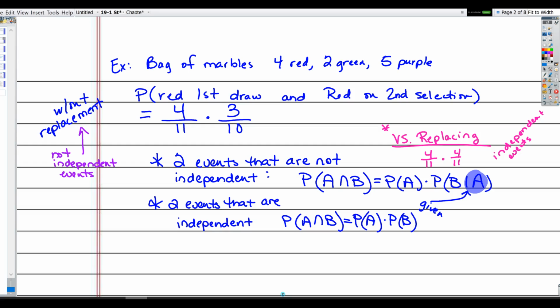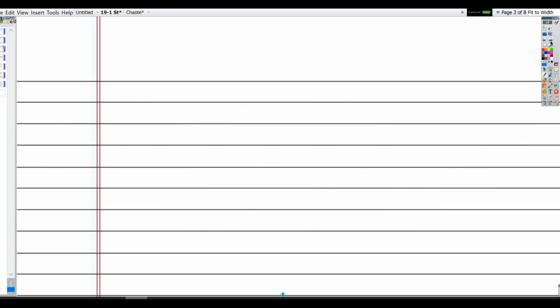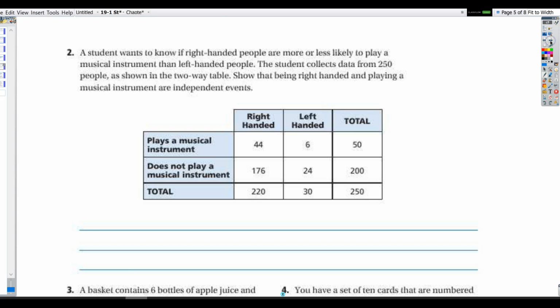I'm going to give you in just a second a table. Let me just show you what this looks like. Just so you'll know, what if we have a situation like this, where we're trying to see if there is some sort of relationship between being right-handed, left-handed, and playing a musical instrument? Is it the case that more left-handed people are musical? Maybe they're more artistic, something to that effect.